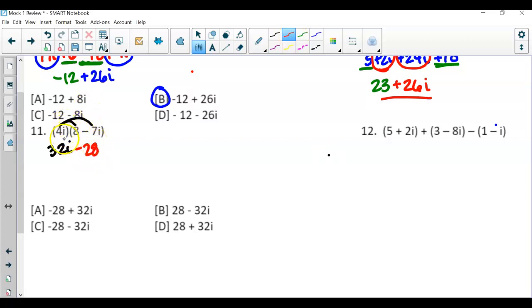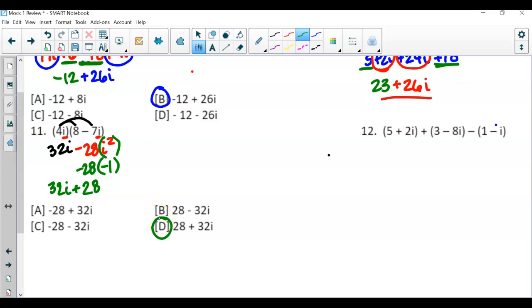But i times i is i squared. Then remember, anything that has i squared is negative 1. Notice how this is a negative 28. Negative times a negative is a positive 28. So 32i plus 28, or B, 28 plus 32i.